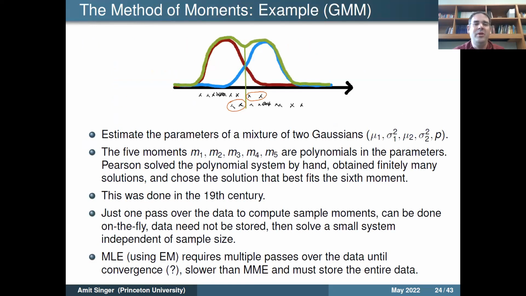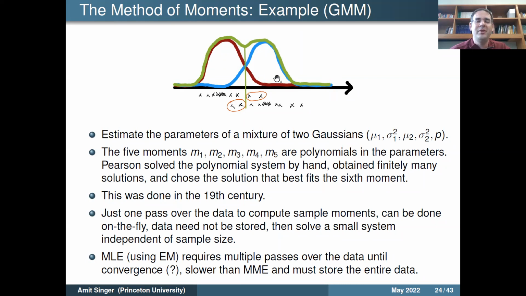Before we describe the method of moments for cryo-EM, let me just remind you of the method of moments for a very simple problem, the Gaussian mixture model in one dimension. That's actually the problem that Pearson did first. Here I show you points on the x-axis sampled from a mixture of two Gaussians.